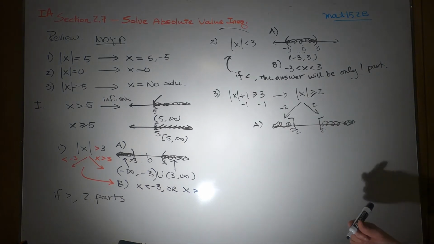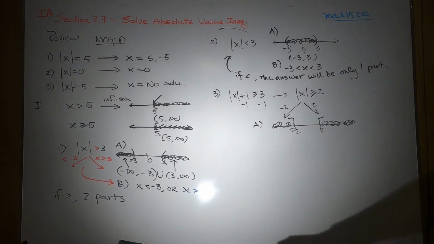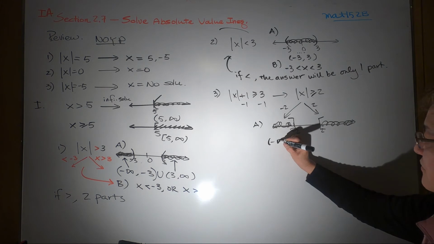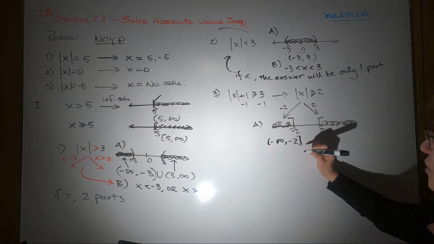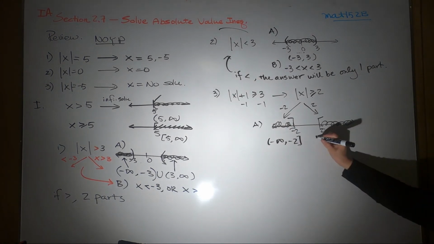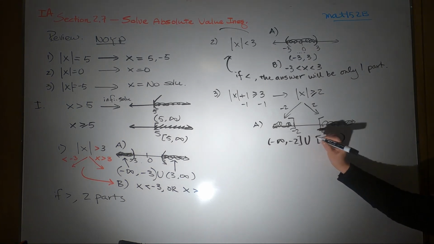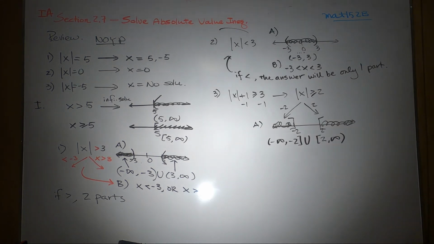Then your answers have how many parts? 2 parts, right? One part is -infinity to -2 with bracket. Another part is what? From here to infinity. Then you use union, right?